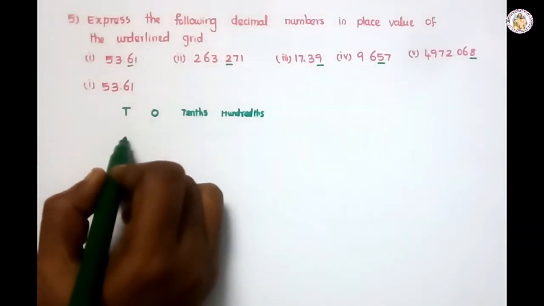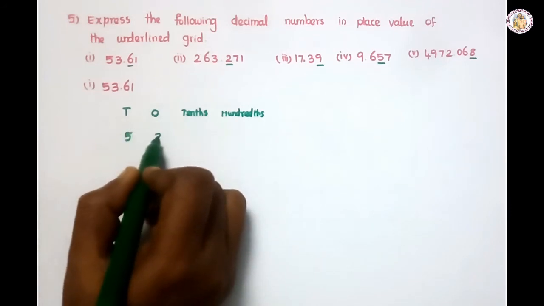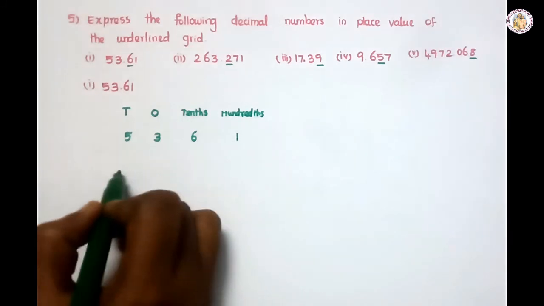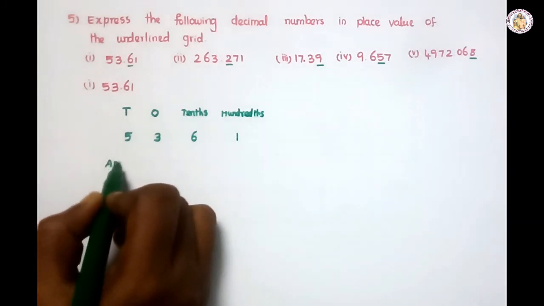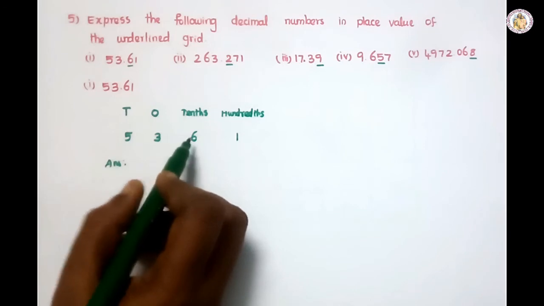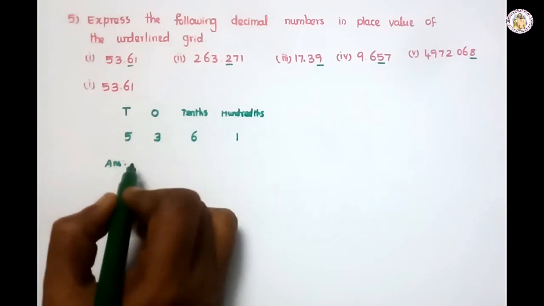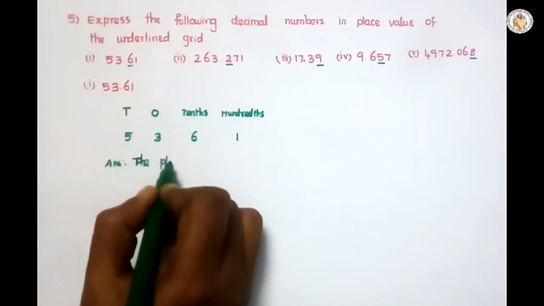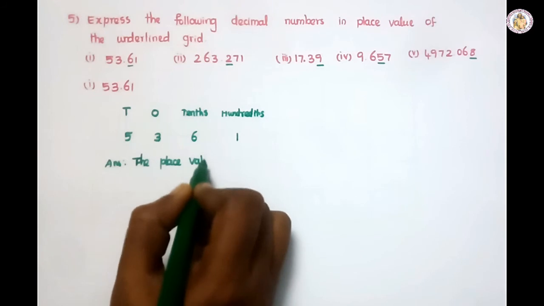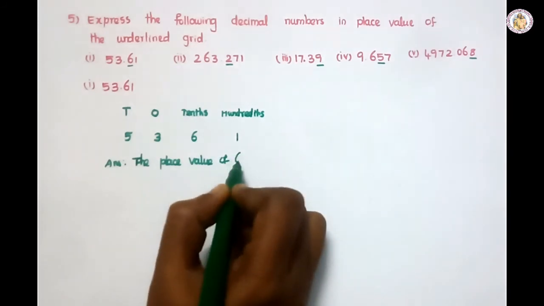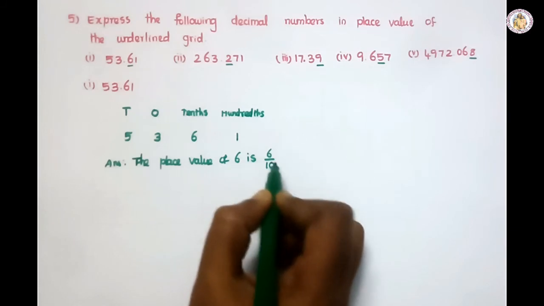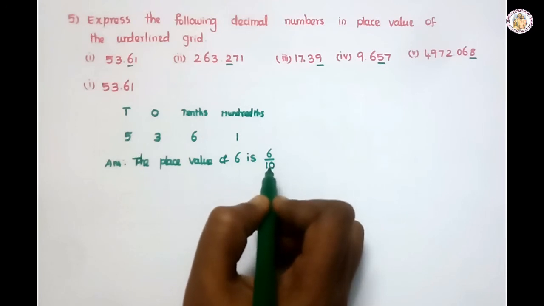Here 5, 3, 6, 1. What is the answer? The underlined number is in the 10th place. So the place value of 6 is 6 by 10. That is the answer.